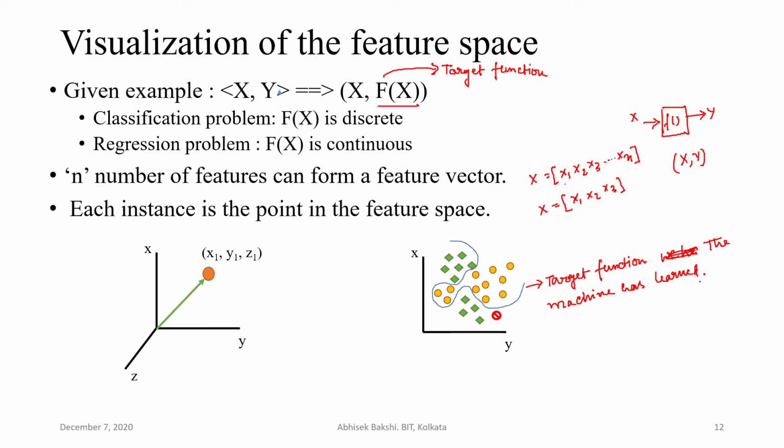So the machine learning task, I mean the black box which is basically learning, is actually drawing this function, and that function is making a boundary which discriminates between two or more different types of points, and then only can we take a decision with respect to an unknown value.